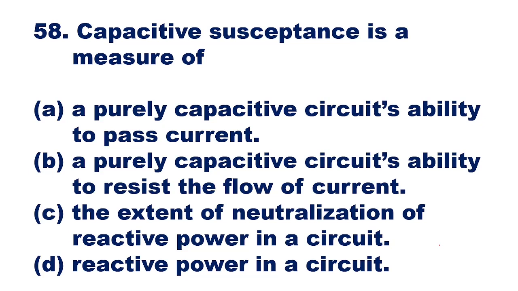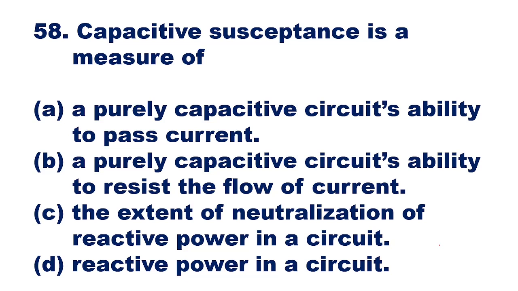Capacitive susceptance is a measure of what? Options are: a purely capacitive circuit's ability to pass current; a purely capacitive circuit's ability to oppose or resist the flow of current; the extent of neutralization of reactive power in a circuit. So obviously, when we say susceptance, it is the amount of allowing ability.